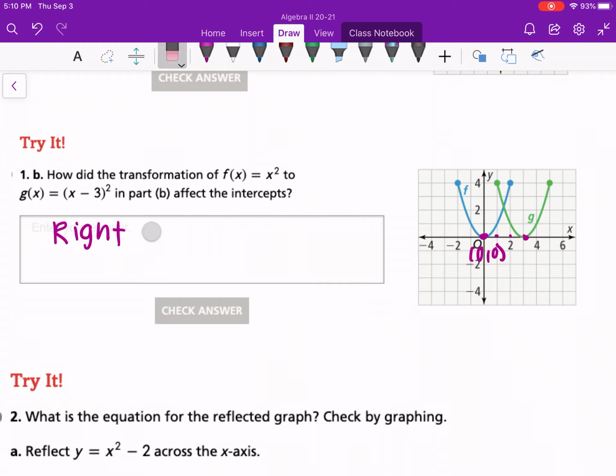It went 3. I'm sorry, I was counting the wrong thing. Every point went 1, 2, 3. So my x-intercept went from 0, 0 to 3, 0, which also went right 3.